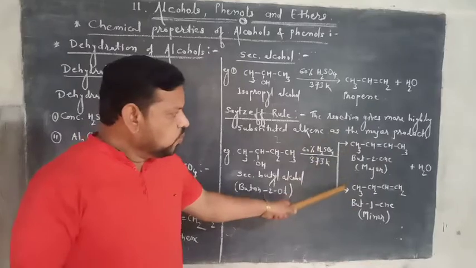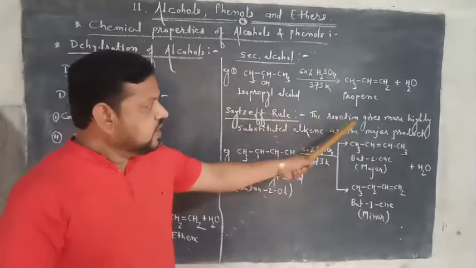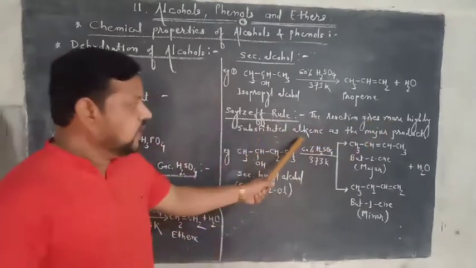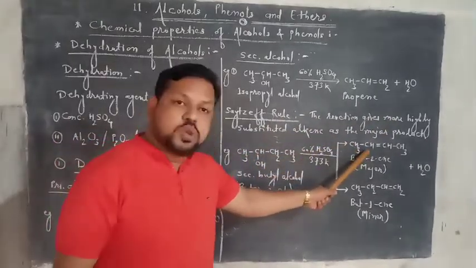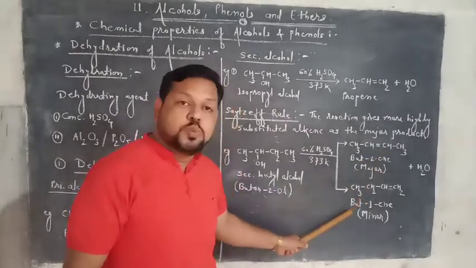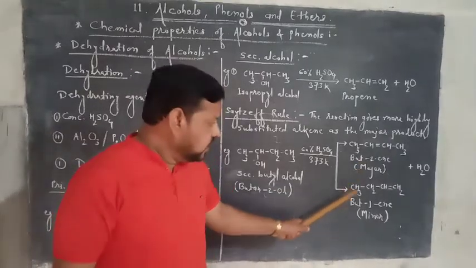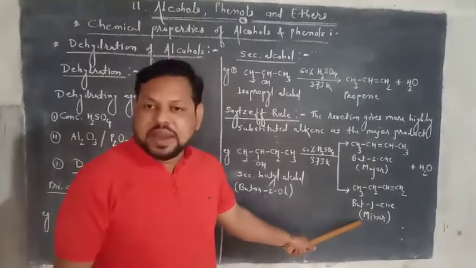There are two products, but the Saytzeff rule says the reaction gives the more highly substituted alkene. But-2-ene is the more highly substituted alkene as compared to but-1-ene. Hence, but-2-ene is the major product and but-1-ene is the minor product.